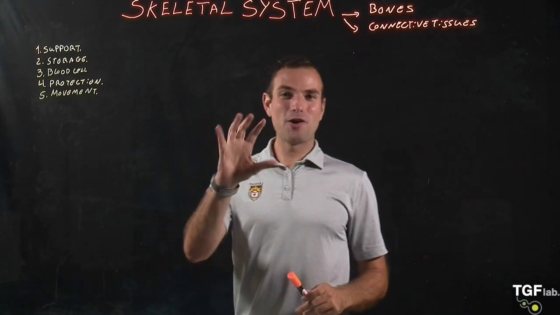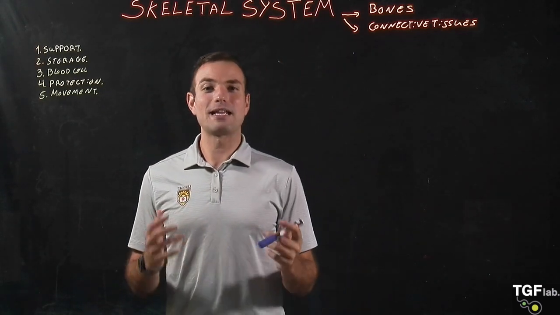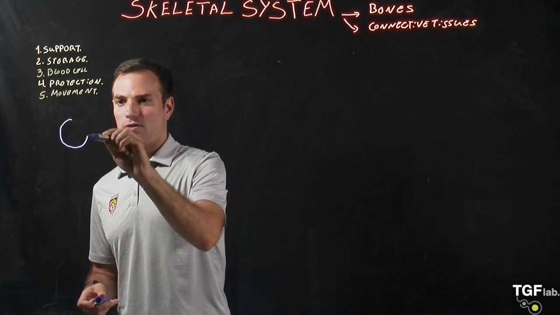Okay, so let's look a bit more in depth at the different types of bone. The different bones are classified according to their shape. So let's draw here another student.